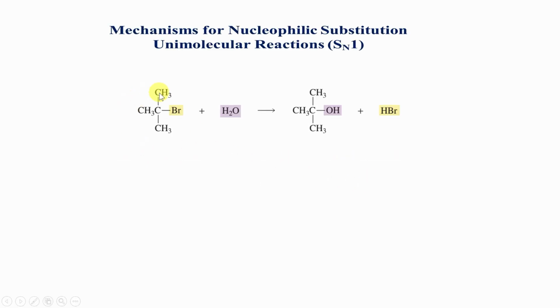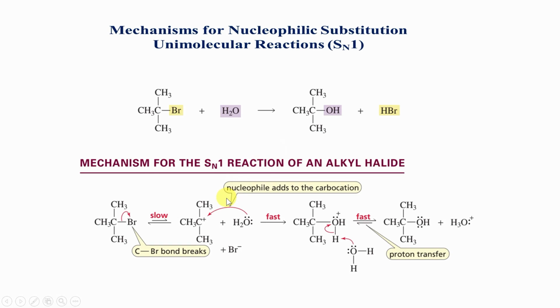For example, tertiary butyl bromide, here it is tertiary butyl bromide, or any tertiary alkyl halide, on treating with the solvent water, forms tertiary butyl alcohol, the corresponding alcohol. This reaction involves the SN1 mechanism. See the mechanism of the reaction.